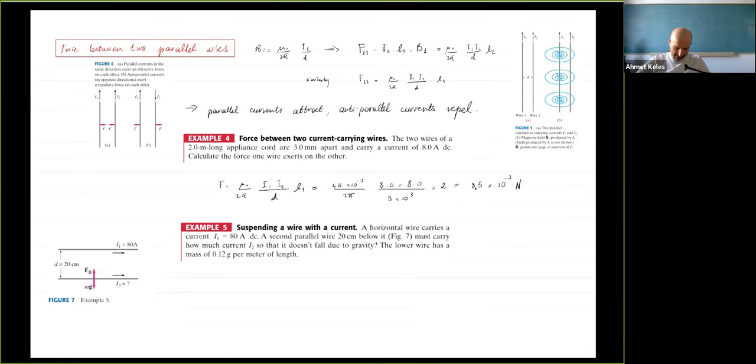Another example: a horizontal wire carries a current of 80 amperes DC. A second parallel wire 20 centimeters below must carry how much current, I2, so that it doesn't fall due to gravity? The lower wire has a mass of 0.12 gram per meter of length.